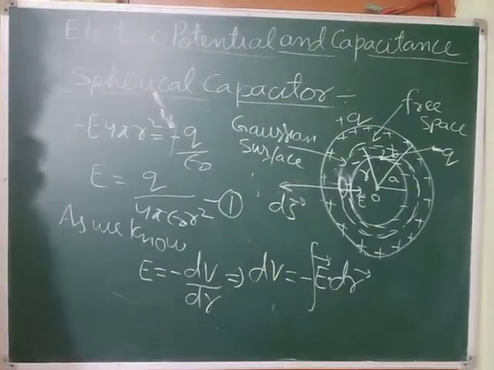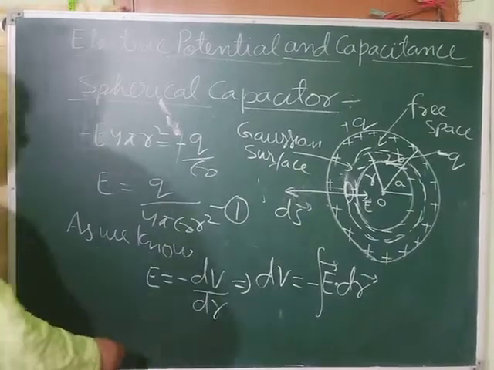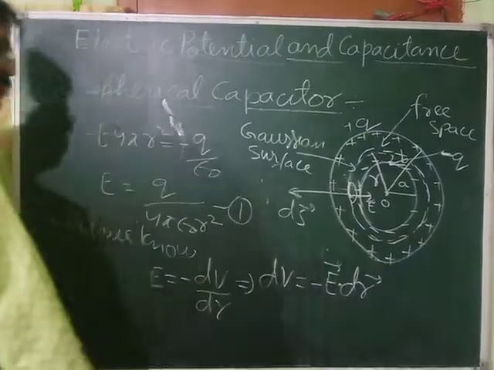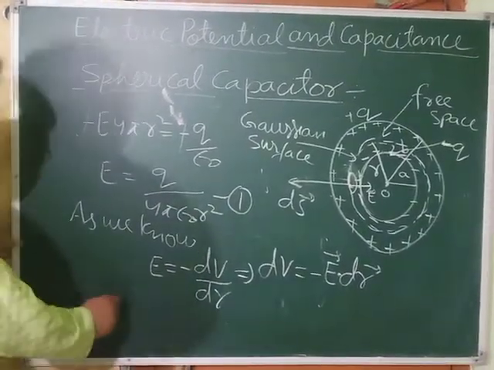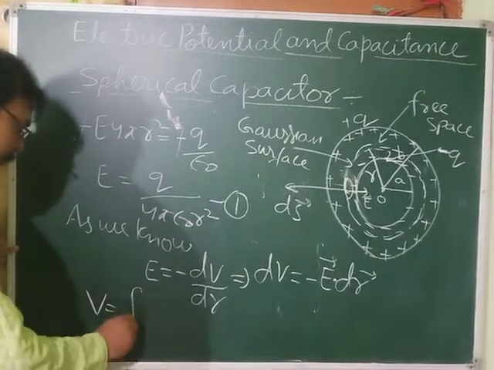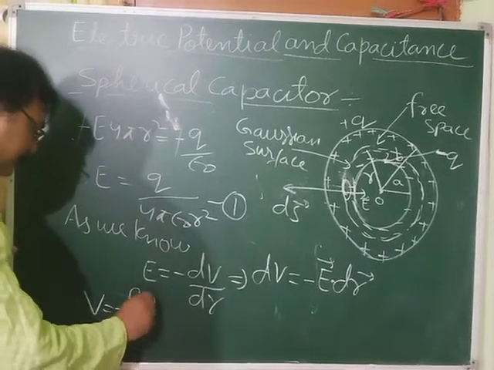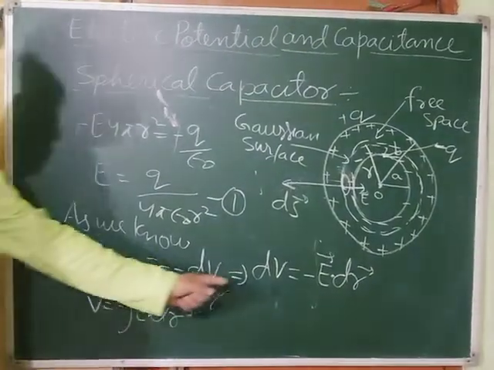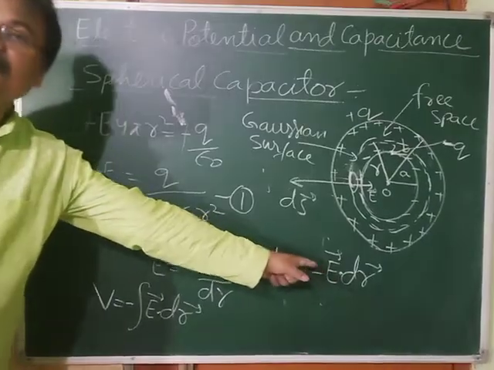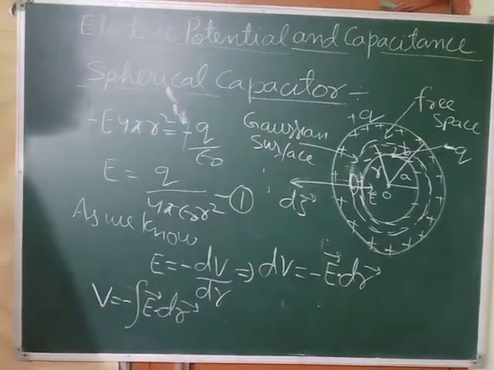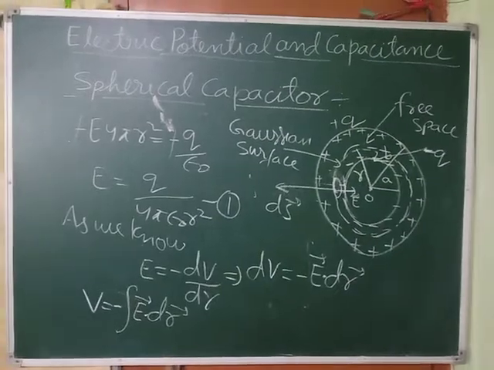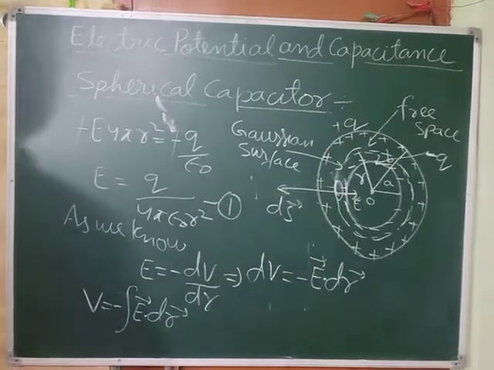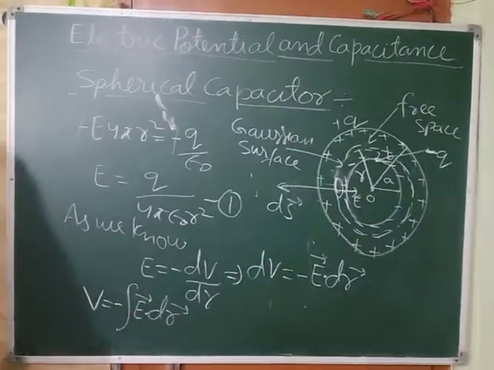Already I have told you this. dV is equals to minus E dot dr. But what is V? V is integration of minus E dot dr. Because see, it is dV, so we have not put integration. Once we are integrating it, it will become V. So V is equals to integration of minus E dot dr. Okay. Now again, for writing more, we have to remove the upper part. All of you have written this?